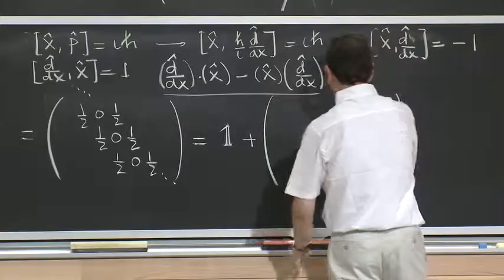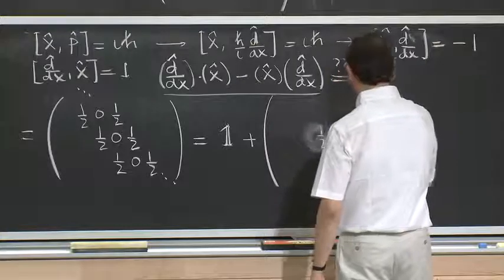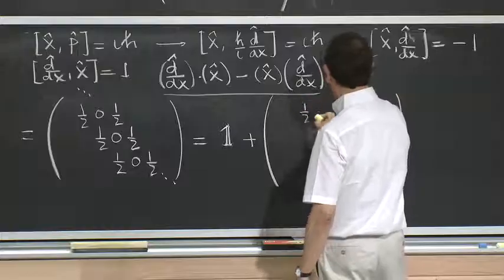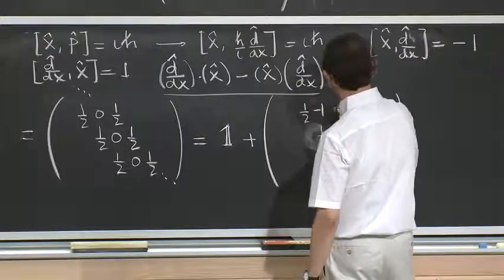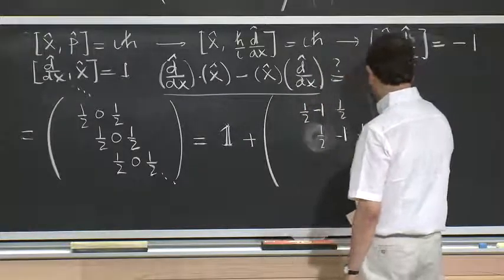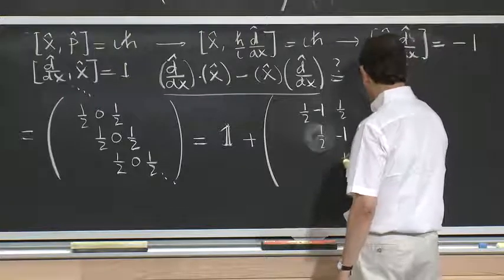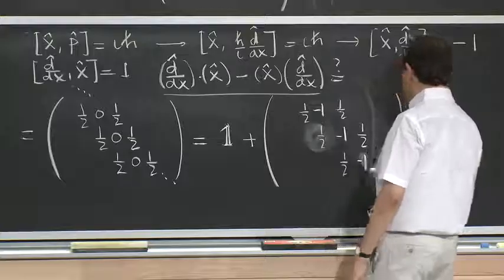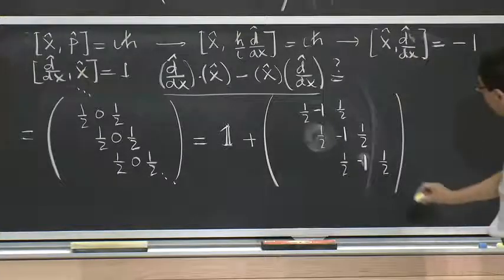with a 1/2 minus 1, 1/2, then 1/2 minus 1, 1/2, then 1/2 minus 1, 1/2. And it would go on like that.